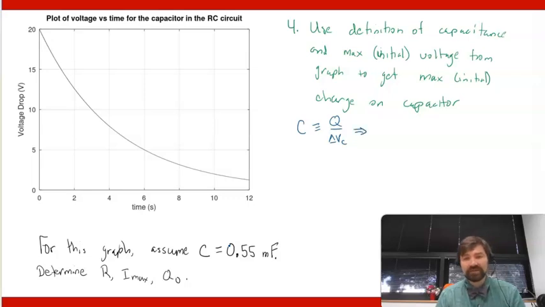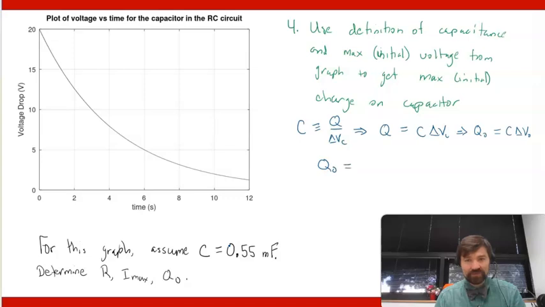And so you can get that the charge must be the capacitance times the voltage drop, or in other words, that the initial charge must be the capacitance times the initial voltage drop, which again we know is 20 volts.